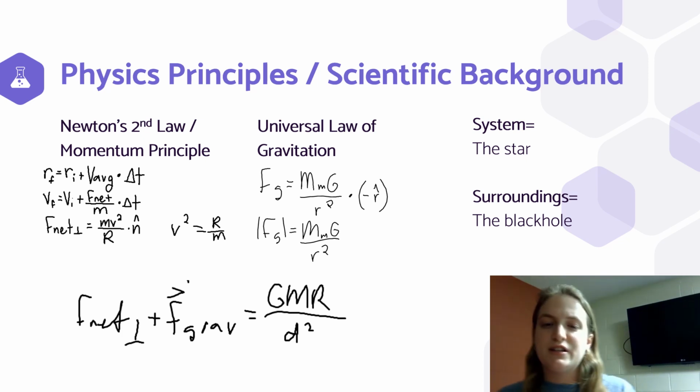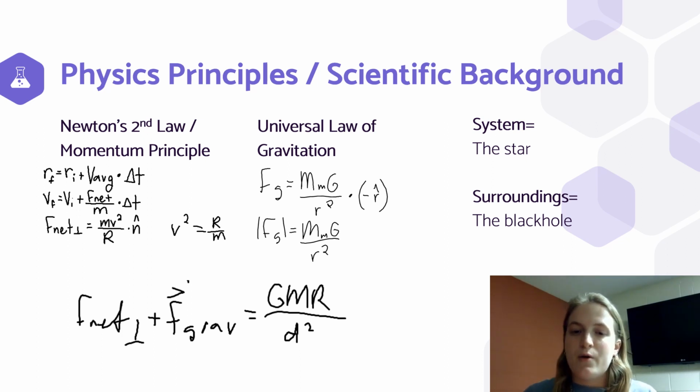And then moving on to the universal law of gravitation, we have the formulas for those, and when we put those two formulas together, we end up getting GMr over distance squared, which we'll use a lot later during our code. In fact, all of these equations will come in handy later. And then just for some context, the system will be the star and the surroundings will be the black hole.